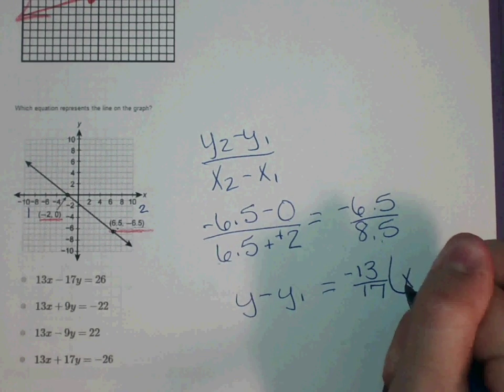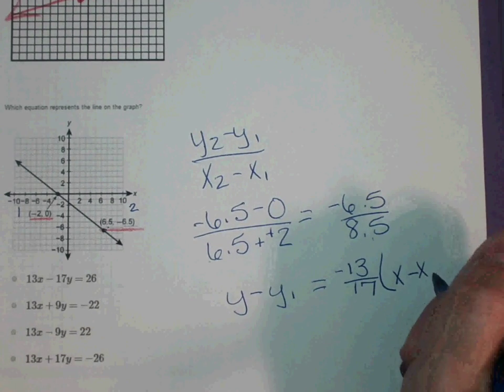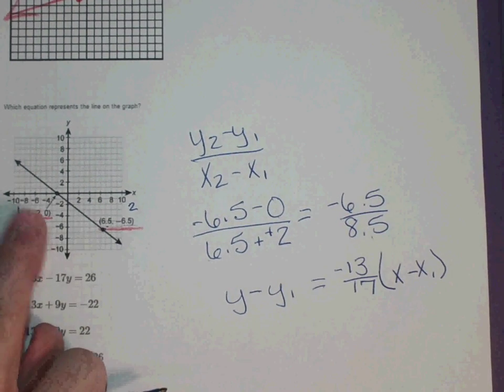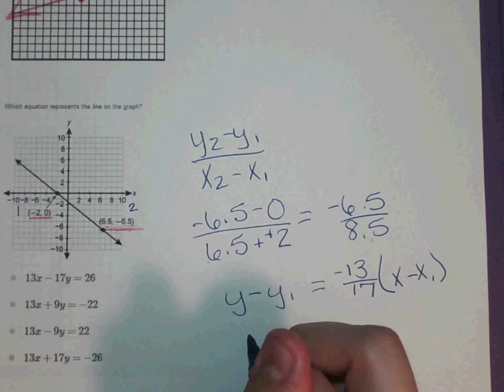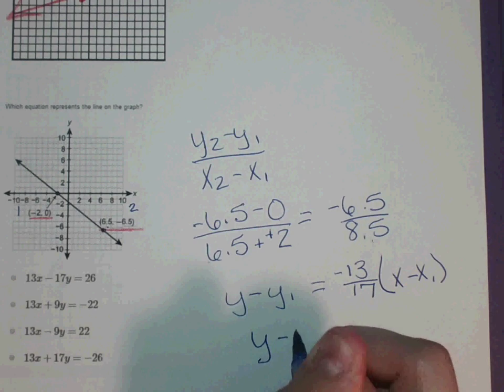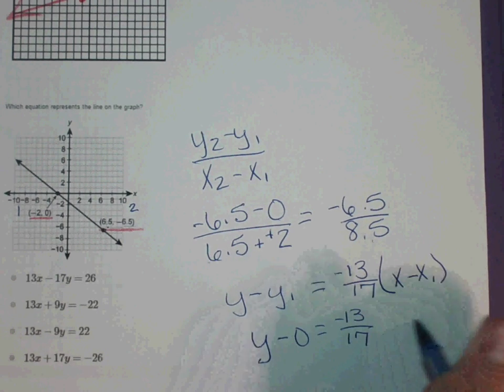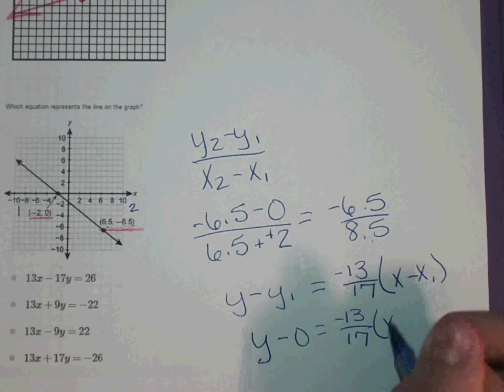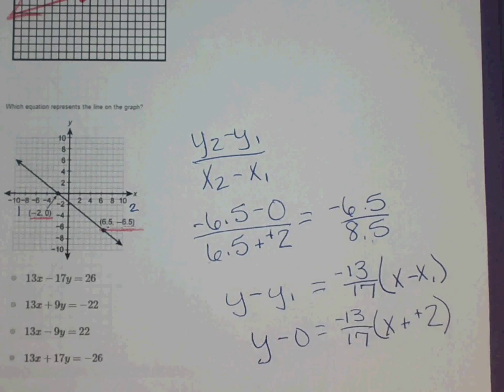Okay, that way I've got whole numbers instead of decimals in a fraction. Okay, so I'm just going to pick this one because it looks easier to me. And I'm going to say, okay, y minus 0 equals -13/17 x minus -2, so that would be x plus 2.